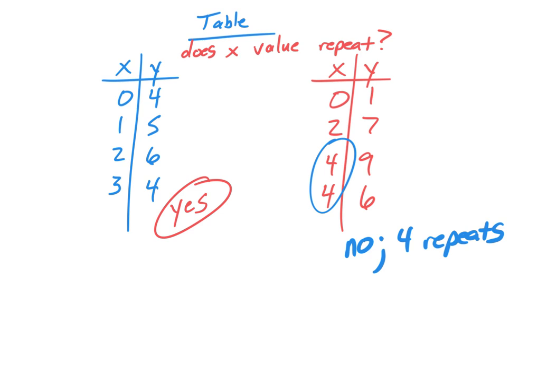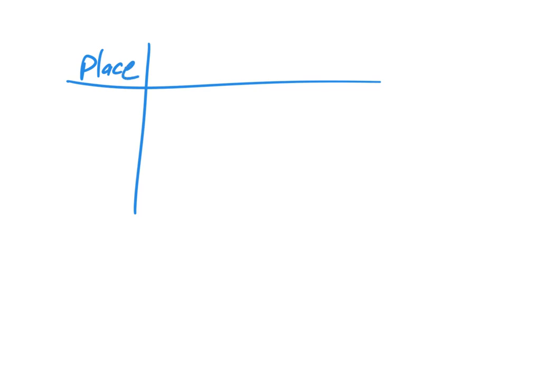Hey, they're going to give you some different scenarios, and I'm going to show you one that's a little bit different, okay? Kind of along the same line. Let's say that we have a golf tournament, and I know some of you may or may not know how a golf tournament works. Let's say the golf tournament is giving out first, second, and third place.